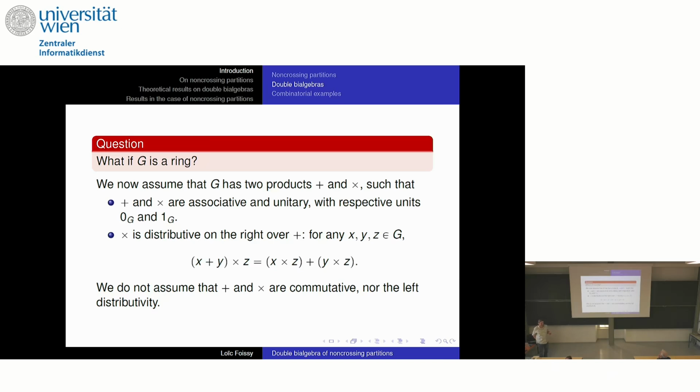It's not really surprising. The multiplication should be distributive on the addition. I assume only on the right. So I just assume this. In fact, I will not have it on the left, only on the right. And I do not need that the multiplication and the addition are commutative. This is what I assume to obtain a double bialgebra.